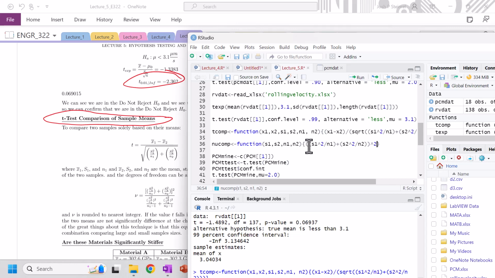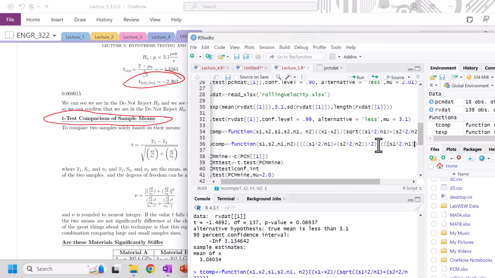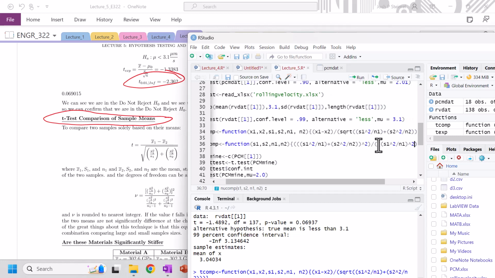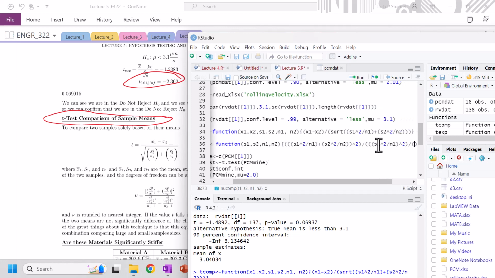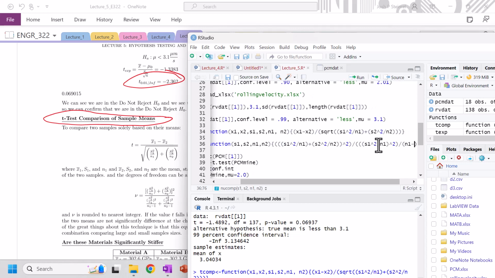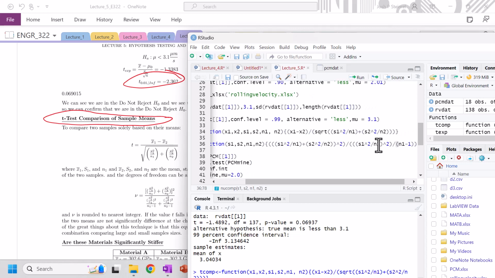And I know this is ugly looking, but divided by this S1 squared divided by N1, squared, and then divided by N1 minus 1.